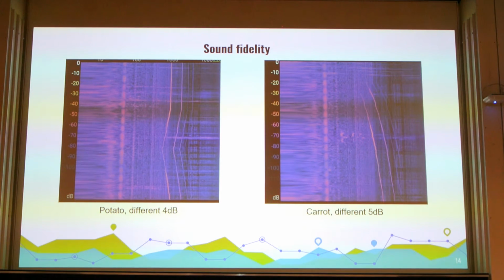And we see that we have not only the initial frequency that we are receiving from the signal generator, but also 4 smaller frequencies. For potatoes, the difference was 4 decibels, and for carrot 5 decibels. So if we have some frequency, we have additional frequencies that follow in a row, by a multiplying coefficient. And for carrot, the difference was 5 decibels, so the fidelity of the sound will be better.